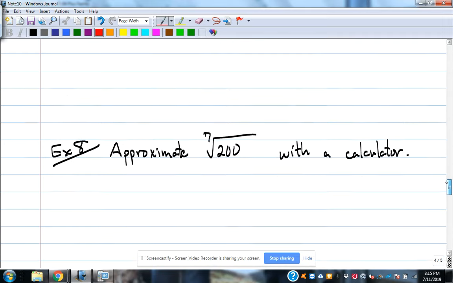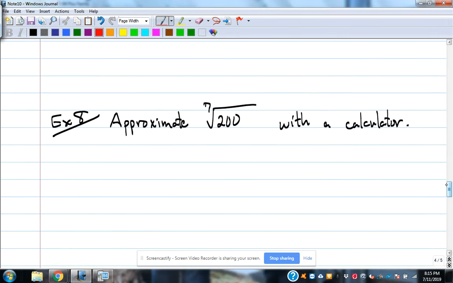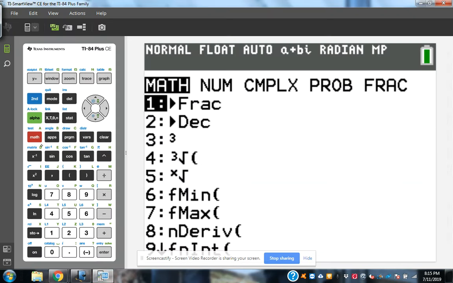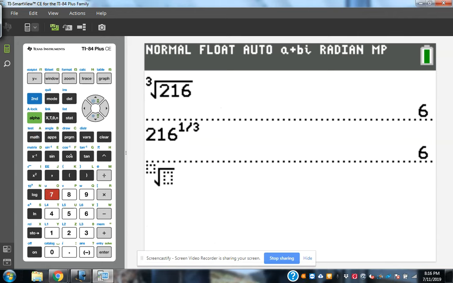Let's use that to help us approximate the 7th root of 200 with the calculator. There are a couple of different ways to do that. One way is to actually use the 7th root. If you hit the math menu and select option 5, it has an x in the index, and you can put in a 7 and then type in 200.